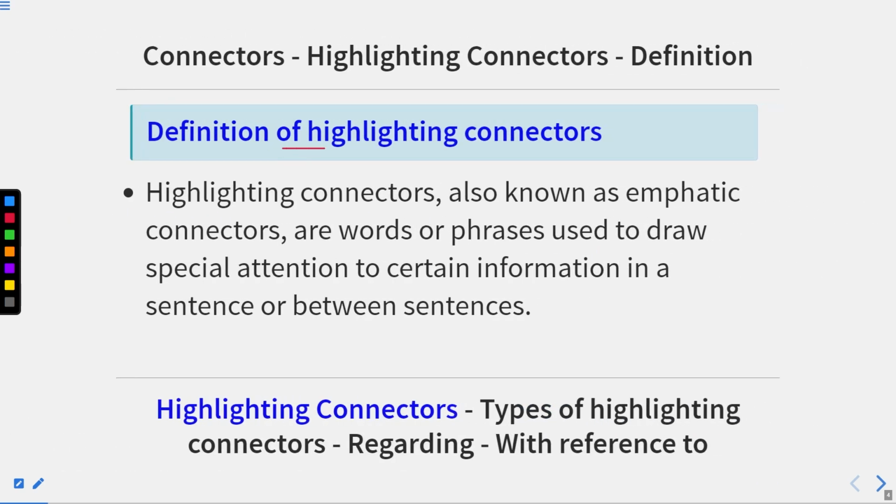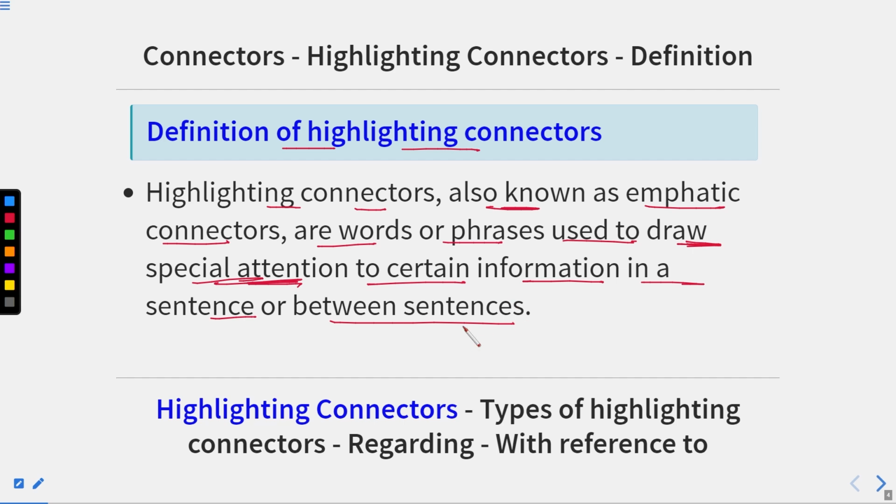Now, definition of highlighting connectors. Highlighting connectors, also known as emphatic connectors. So from here you can get the information that another name for highlighting connectors is emphatic connectors. They are words or phrases used to draw special attention to certain information in a sentence or between sentences.